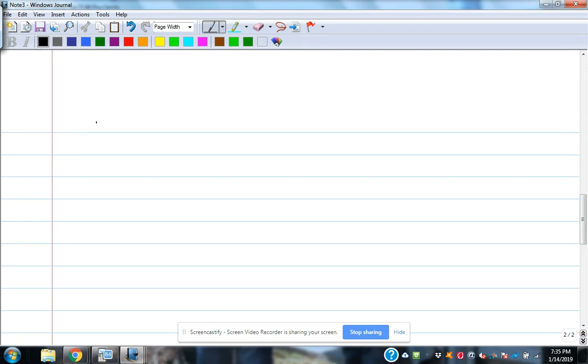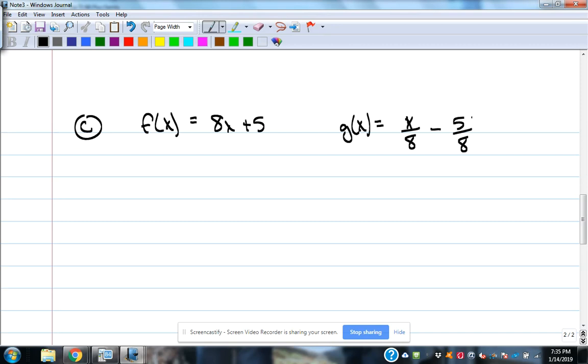And so example C, f of x is equal to 8x plus 5, and g of x is equal to x over 8 minus 5 over 8. Okay.